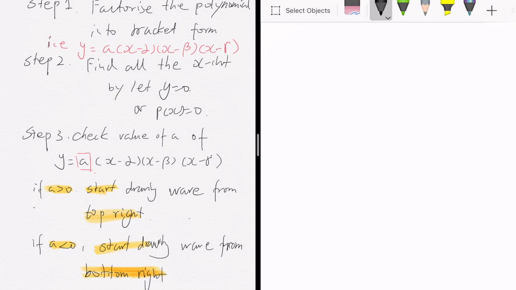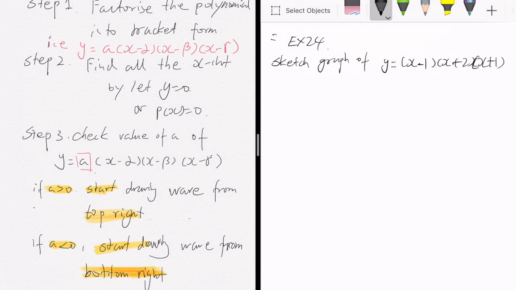Now, first of all, let's have a look at example 24 in your booklet. So we are asked to sketch the graph of y equal to (x minus 1)(x plus 2)(x plus 1).